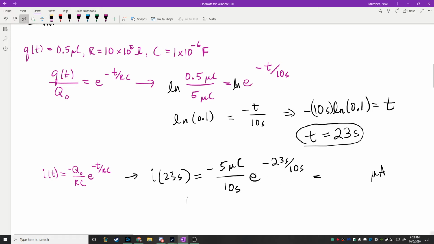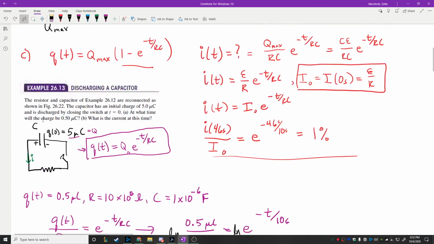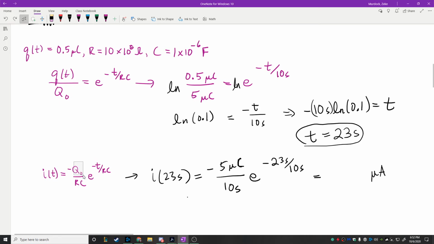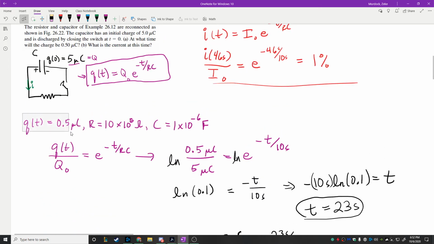Okay, I'm not being clear. Q naught, right? In this equation, Q naught, that is 5 microcoulombs. The number that shows up right there is 5 microcoulombs. So that is correct. 0.5 was the charge at this time.